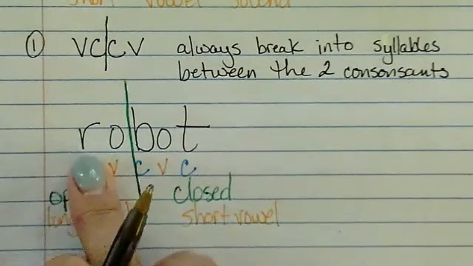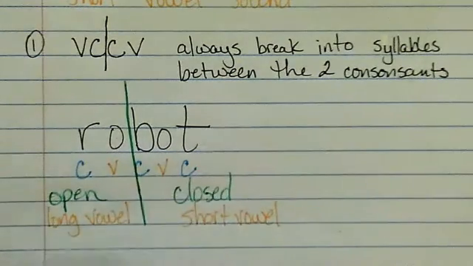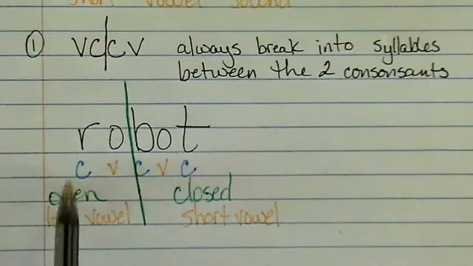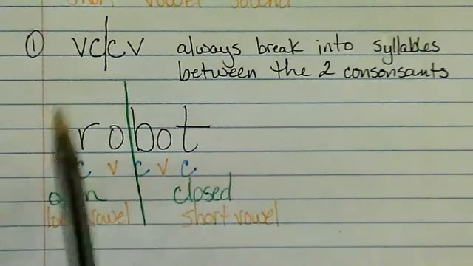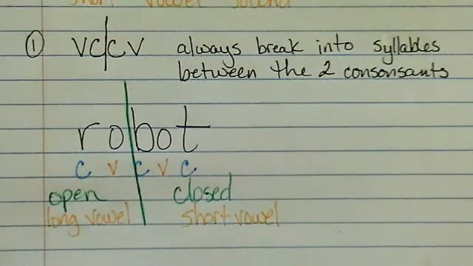So I have row and bot, robot. This is how one vowel can have 2 different sounds in the same word because of your syllables. In this word, we have an open syllable and a closed syllable. So our O has 2 different sounds.